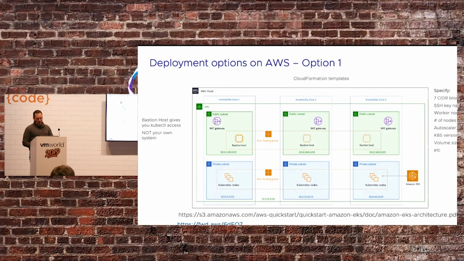If I want to build a cluster on Amazon today, it's not as straightforward as I would like, because I have to provision all of this stuff in Amazon individually as components to tie together.